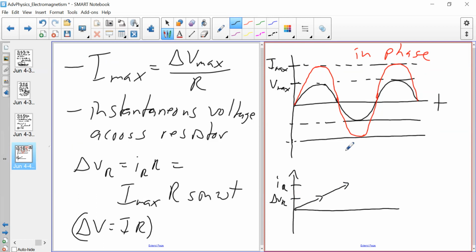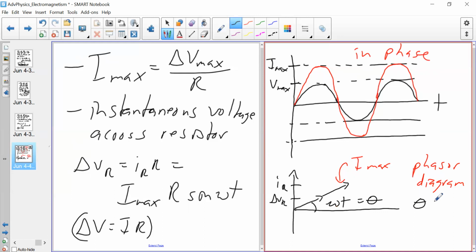So this leg here, and they both have the same starting points. This would be the length of Imax. So Imax is all from 0 all the way up. And then this would be your delta Vmax. So this diagram here is basically representing in vector form this stuff here. Phasor diagram. And this is theta or omega t.